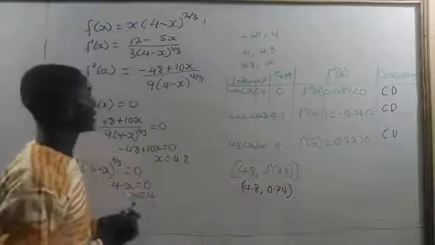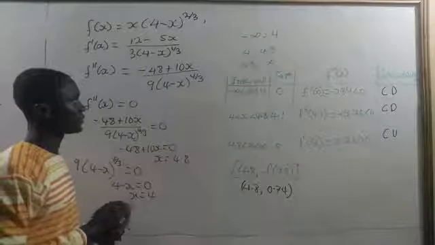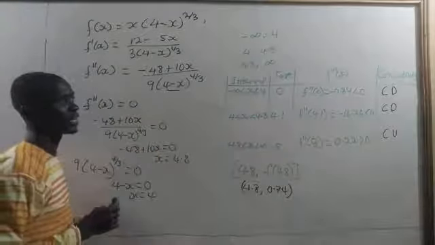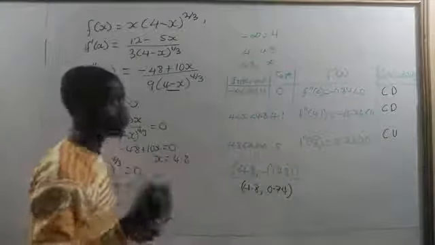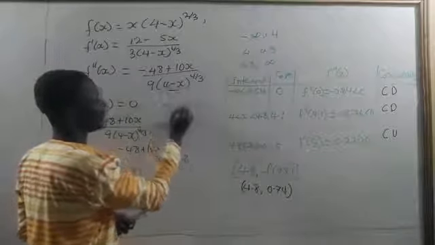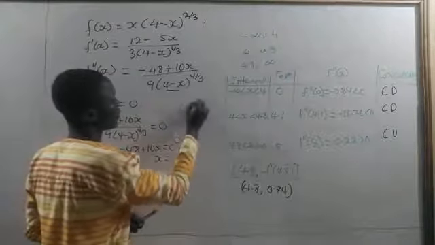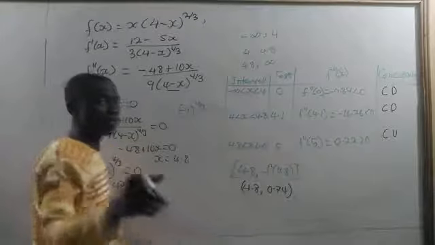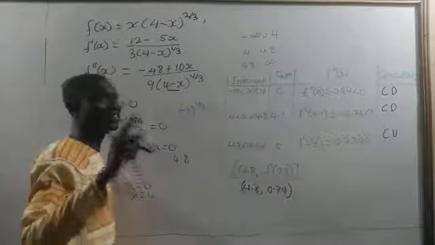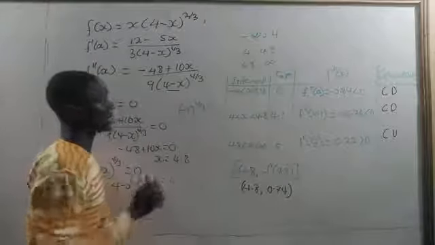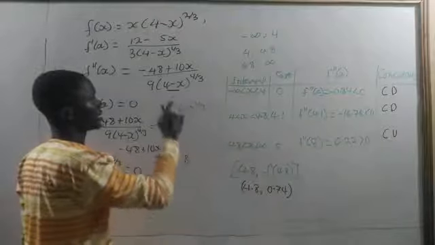Now, there's one thing that we should note here. When we are doing the substitution, look at this one. If you are using a calculator, if we put in 5, you are going to get -1 to the power 4 out of 3. If you use the calculator to punch this straight, you will get your answer in complex numbers. So what you have to do is, when you reach here, just take your time.